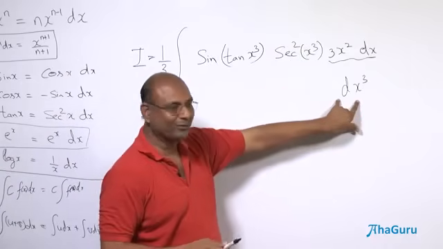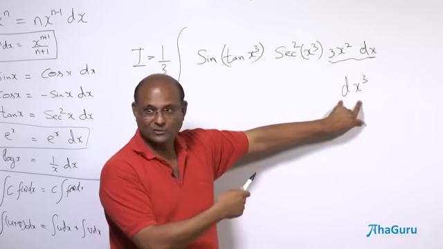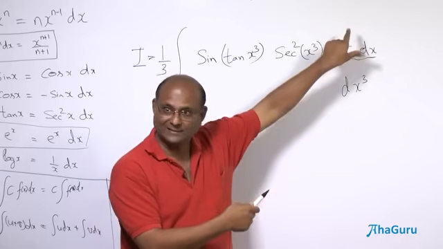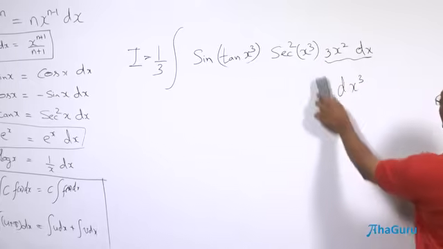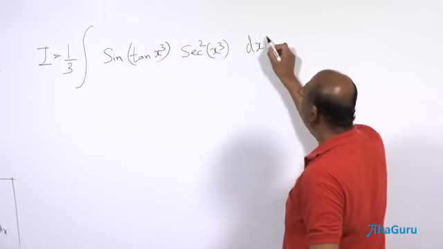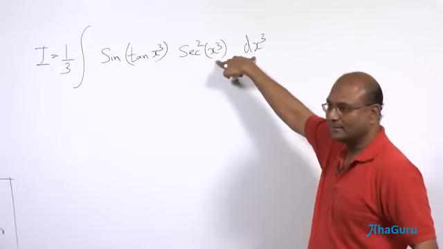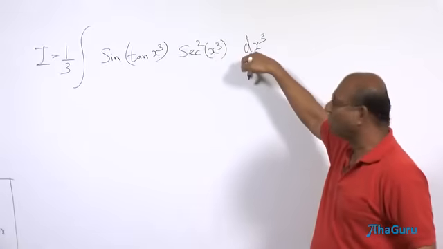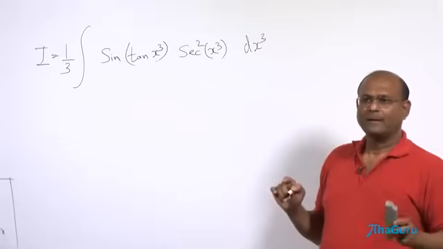But before that, let me look at this. dx cube, what is it? Because it's always in reverse, no? So think about it, 3x square dx, yes? Now, I am going to get rid of this 3x square dx and replace it by dx cube. Now, x cube is blob. I don't even want to look at this. With respect to x cube, this looks like secant square blob.